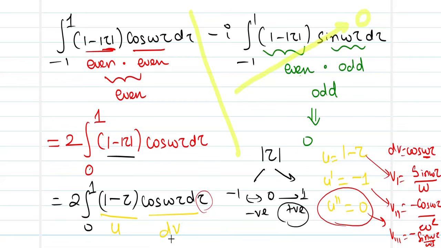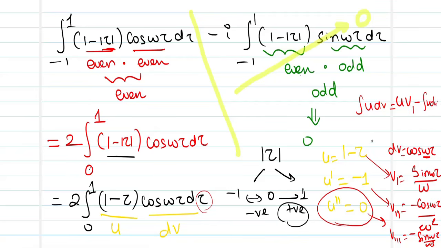In Bernoulli's formula, what we do is start with 1 minus tau, which is going to be our u part. And now what happens to our v part? This dv part I am going to integrate, because you know that integral u dv is u v1 minus integral v into u dash.